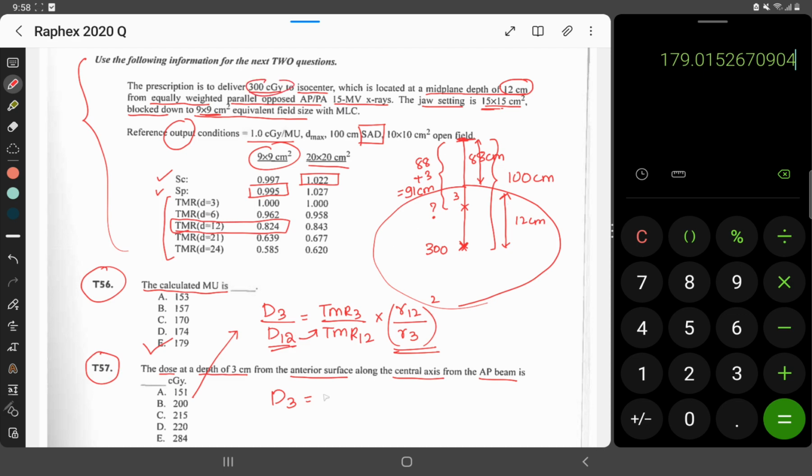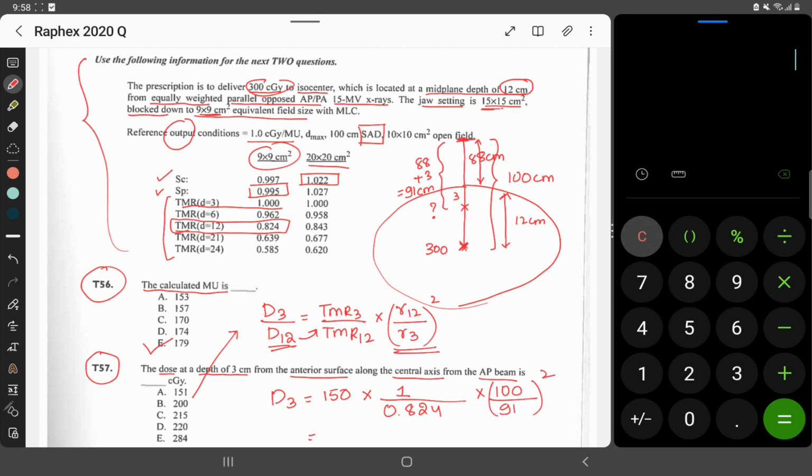But from each field we are getting 150. So dose at D12 from the AP field will be 150 centigrade. Now TMR at depth 3 is 1, at depth 12 is 0.824, distance at 12 is 100 centimeters, distance at 3 centimeters is 91, whole square.